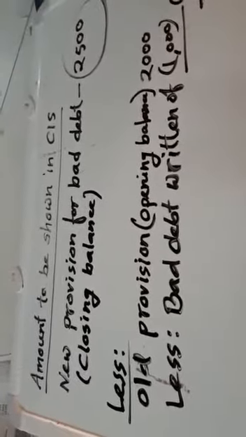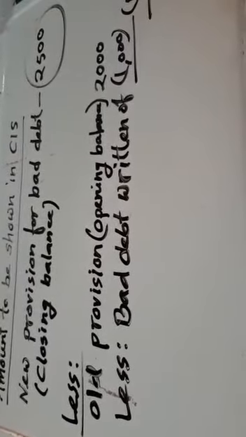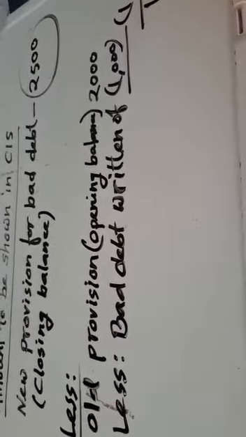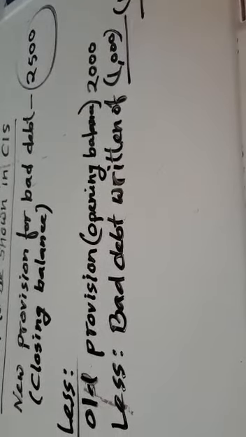From this, we will adjust the previous balance and how much we wrote off. So, less old provision. This old provision means the opening balance. It was given in the trial balance. It is 2,000. From this 2,000, this year in the adjustment we were told that 1,000 from debtors is not realizable. That is our new bad debt. We need to write off this one. So this 1,000 we have to deduct from this old provision.